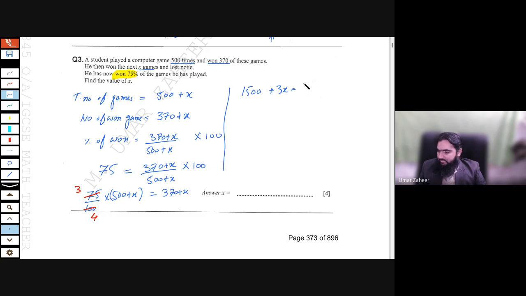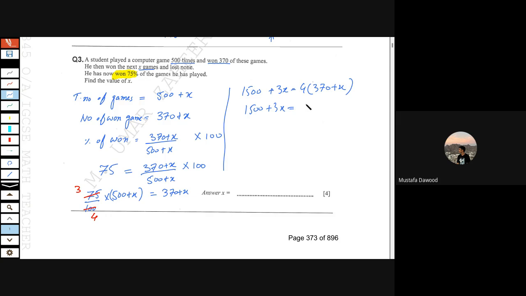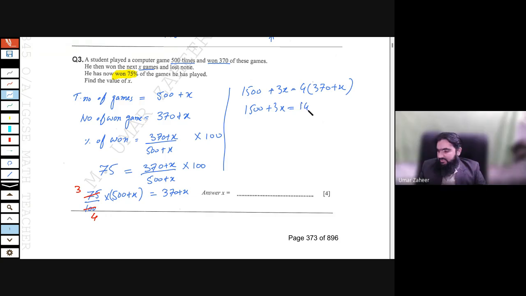4 is dividing, so it will be multiplied on the other side. 1500 plus 3x is equal to 4 multiplied by 370, which is 1480, plus 4x.